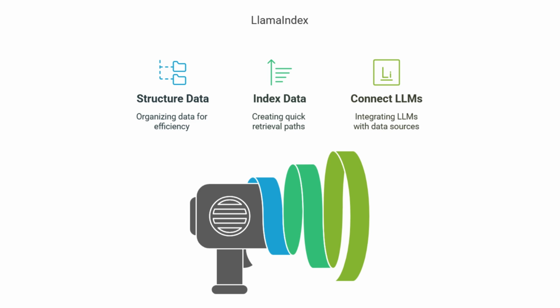With Llama Index, we will explore how to structure and organize data so AI models can access it efficiently, retrieve relevant information quickly using advanced indexing techniques, and enhance LLMs by connecting them with structured databases, APIs, and external knowledge sources. If you're looking to build AI applications that can process, store, and retrieve massive amounts of information while maintaining context, then Llama Index will be an essential tool to learn.